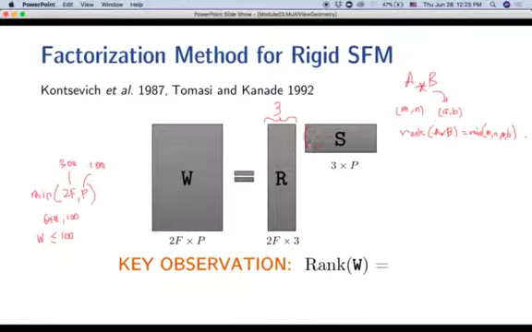This column multiplied by this row gives me this element, right? So essentially, this element will be a linear combination of these 3 terms, in what weights? The weights are given by S here, if I think of it like that.